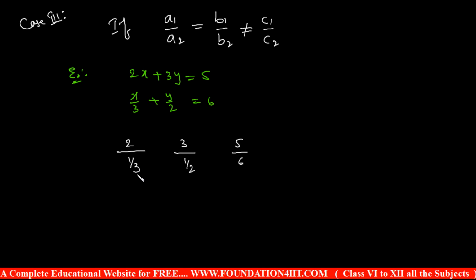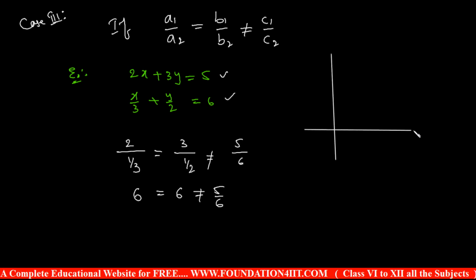So 2 by 1/3 is 6, equal to 3 by 1/2, whose reciprocal is 6. So both are equal and this is not equal to 5/6.